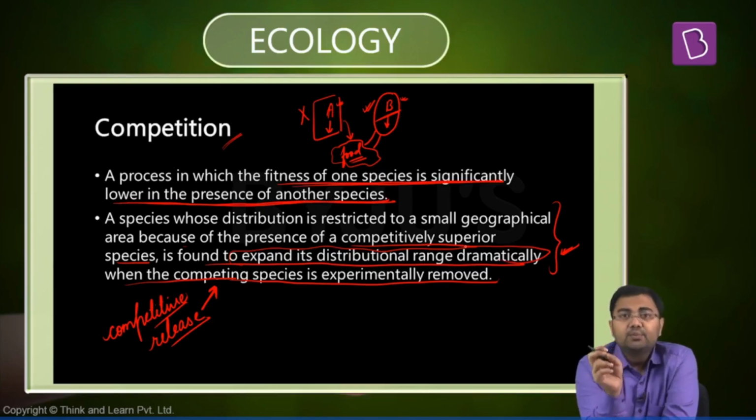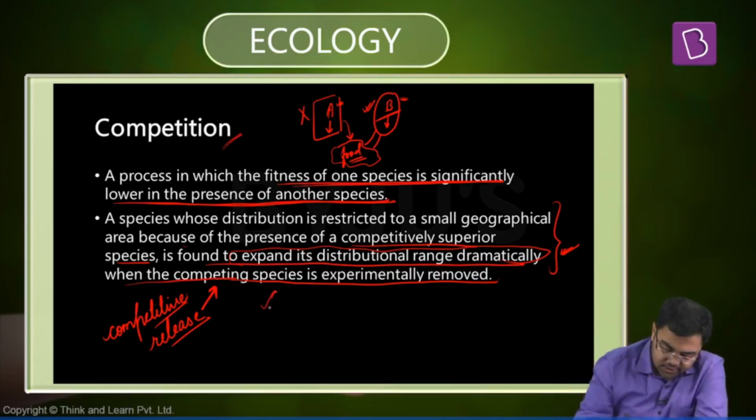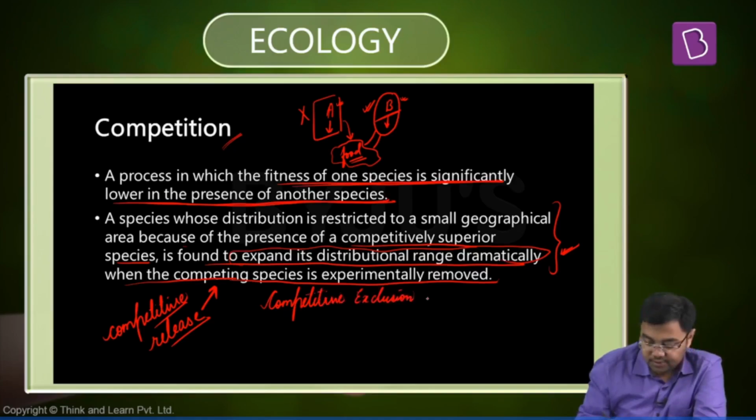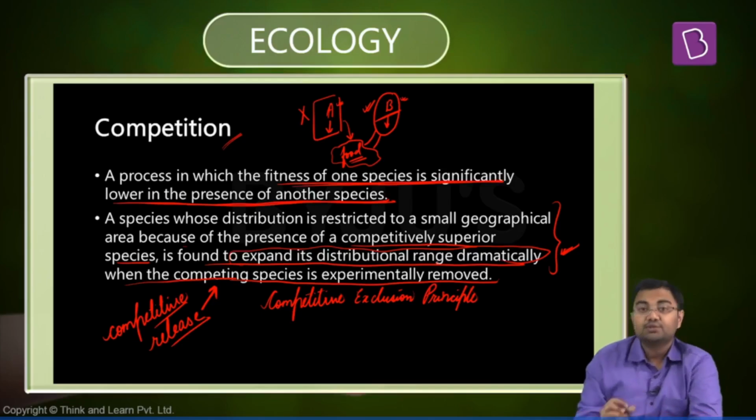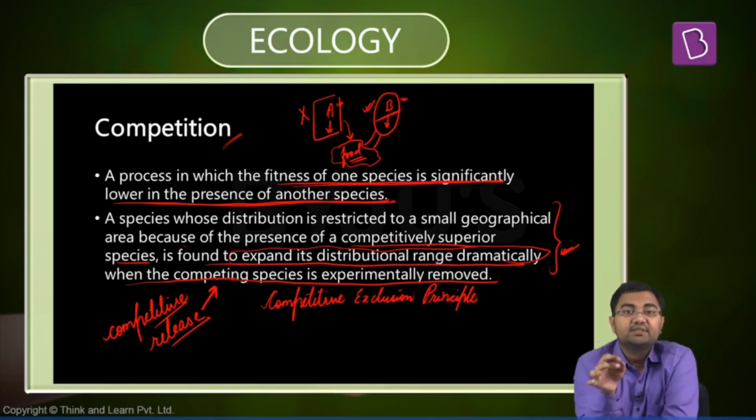Apart from that, there is one more concept that you should know, called the competitive exclusion principle. So what exactly does it say? It says that if there are two closely related species which are competing for the same resource, they cannot coexist for an indefinite amount of time, and the competition will eliminate the inferior of the two.